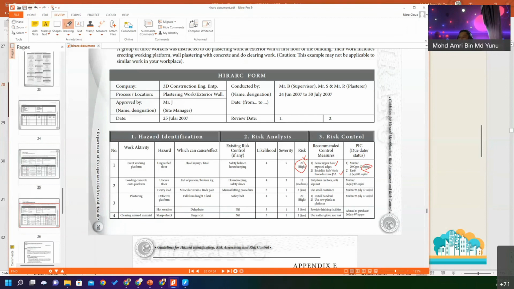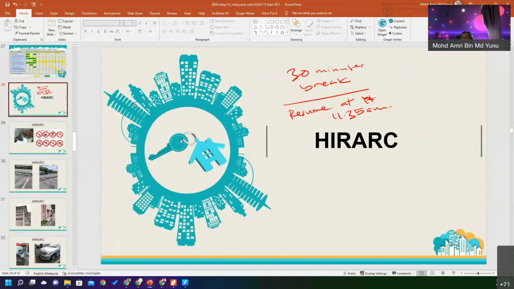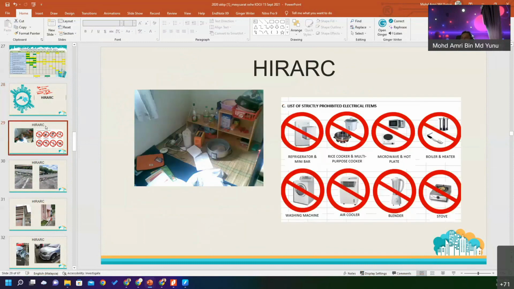So let's see high risk, what we do in the college. So we look at the area, our surrounding, and for example, we look into the student room. According to the regulation, we do not allow students to cook inside the room because it is not a proper designated area.